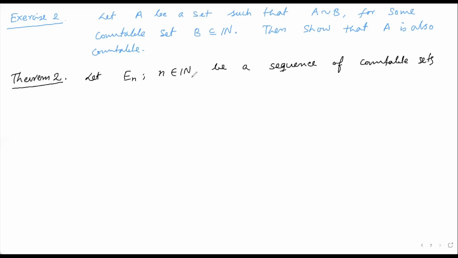That is, for every n in the set of all naturals, En is countable. Let this be a sequence of countable sets and put S equal to the union of En, n belongs to the set of all naturals. That is, S is a countable union of countable sets. Then the conclusion is that S is also countable.